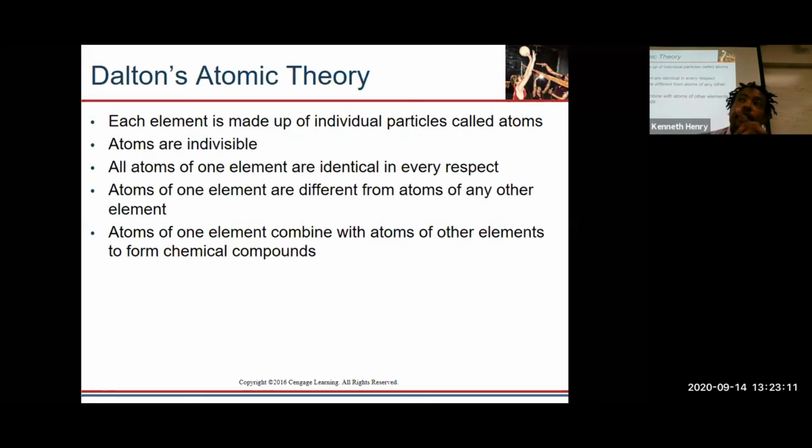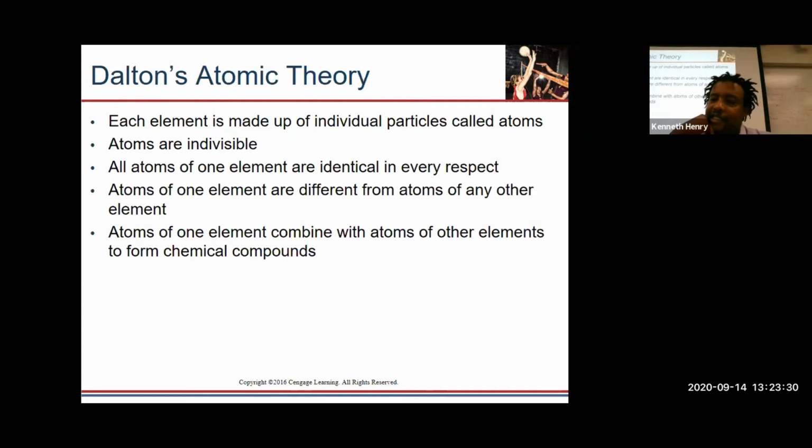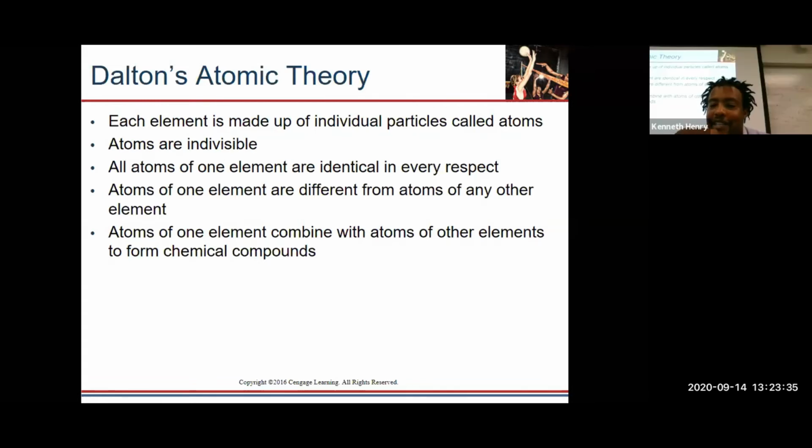So it says each element is made up of particles called atoms. Atoms are indivisible. Do you guys know what indivisible means? Unable to break apart, that's right.